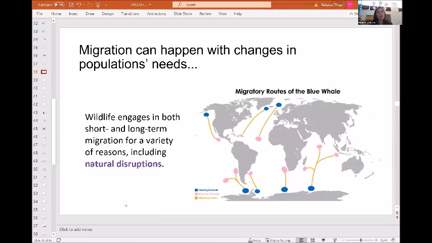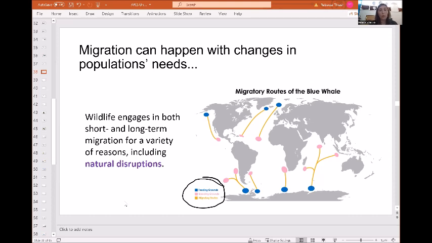So I mentioned migration earlier with seasonal change and Earth's axis and tilt. One of the things that drives migration is oftentimes this idea of primary productivity. The migratory routes of the blue whale here are often important when it comes to feeding grounds versus their breeding grounds.